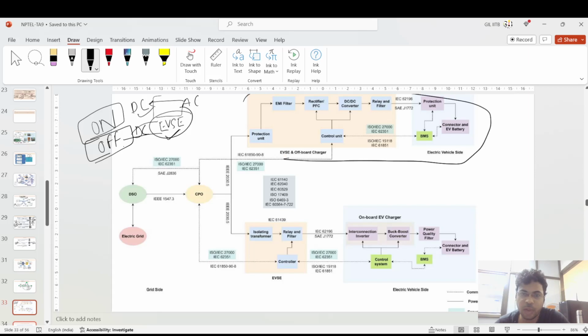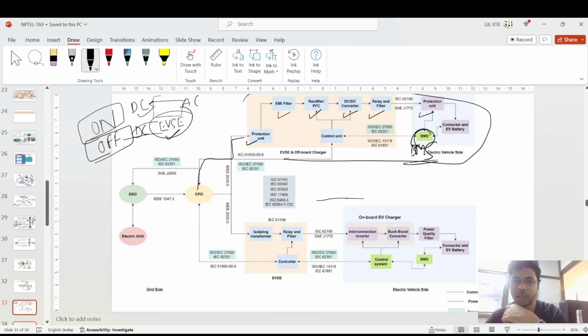If you see the architecture, the upper part is the offboard charger, and the lower portion is the onboard charger. Moving from the CPO side to the EV side, you have a protection unit, an electromagnetic interference filter, a rectifier, a power factor correction unit, a DC to DC converter, and a relay and filter on the EV side also, and a protection system.